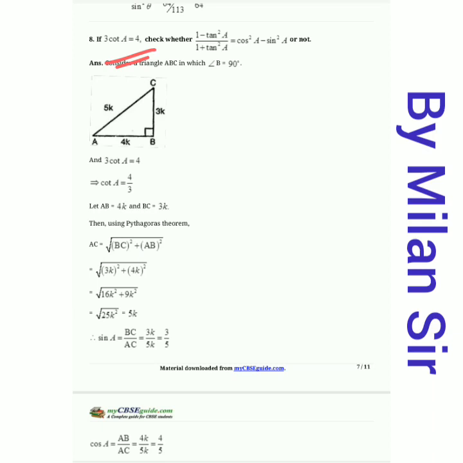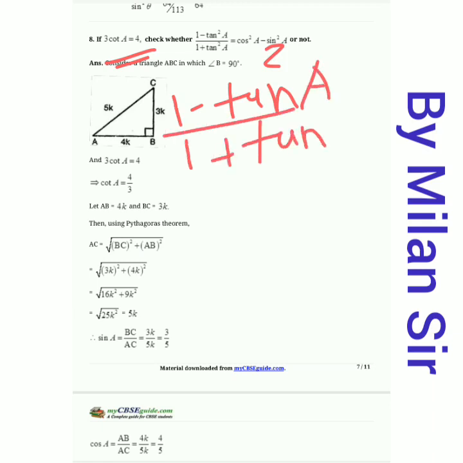Now take LHS first of all, it is 1 minus tan square A upon 1 plus tan square A. Now we know one identity, 1 plus tan square A is equal to sec square A, our second, otherwise third identity, right?